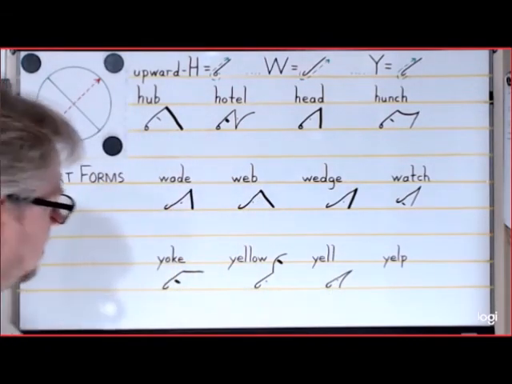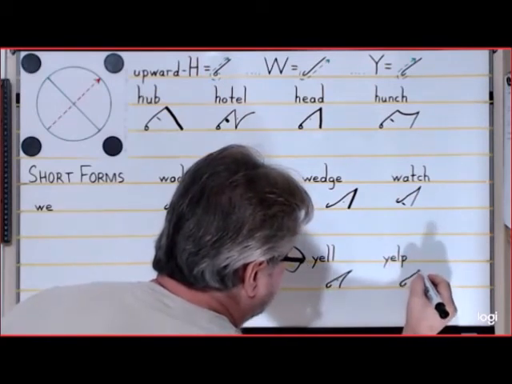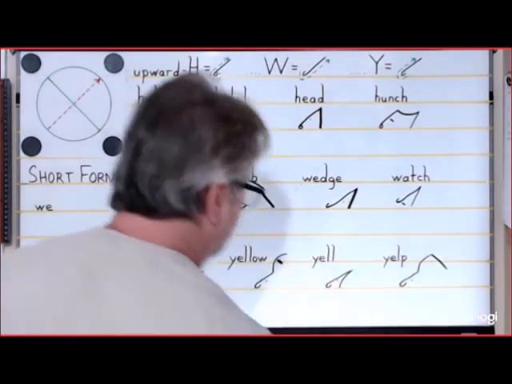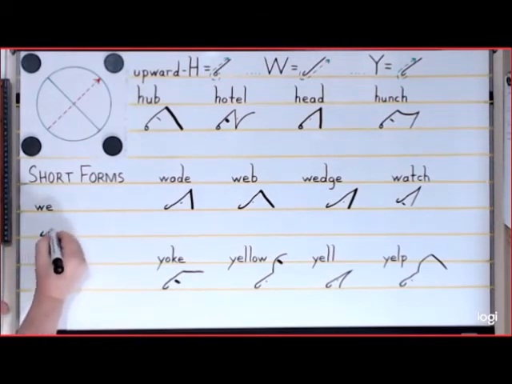The word yelp is a Y then an L, then a P, and then a light dot here. And finally, the short form we is represented by the W written on the line.